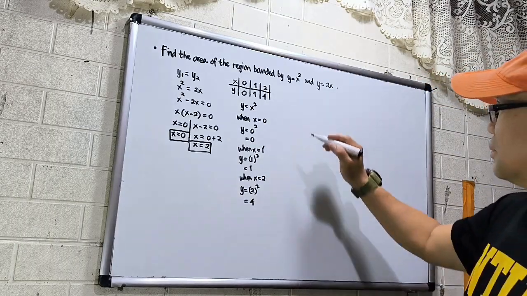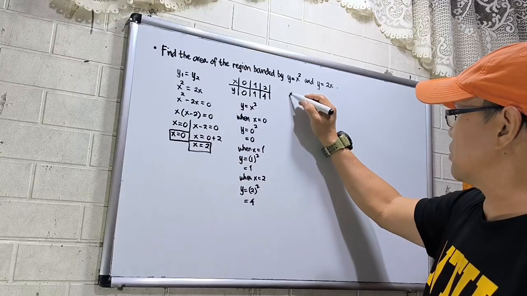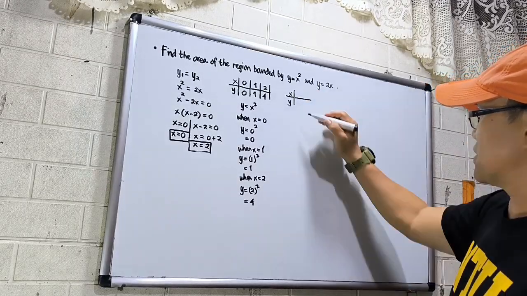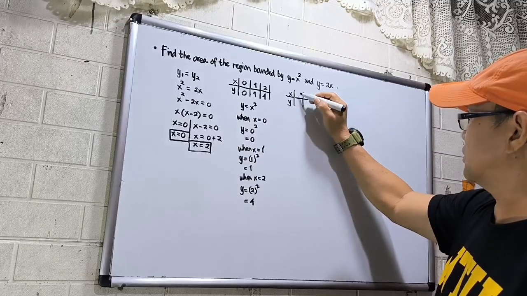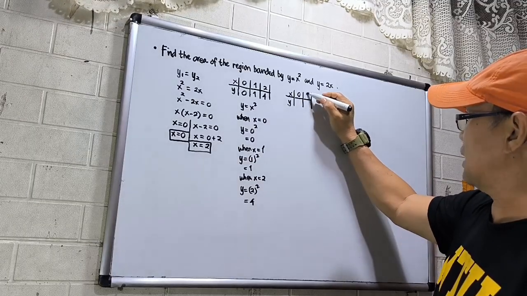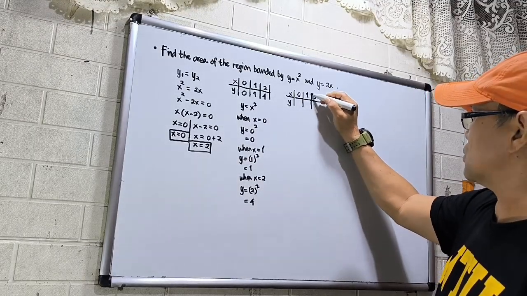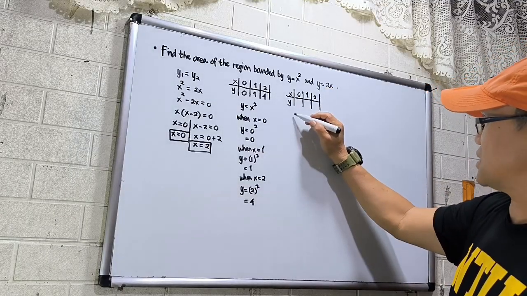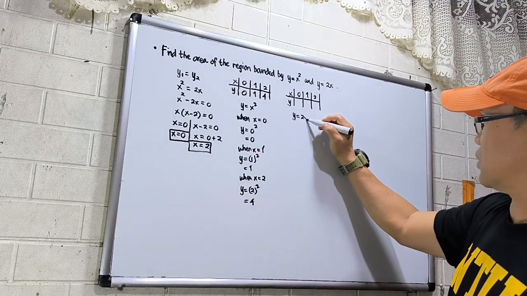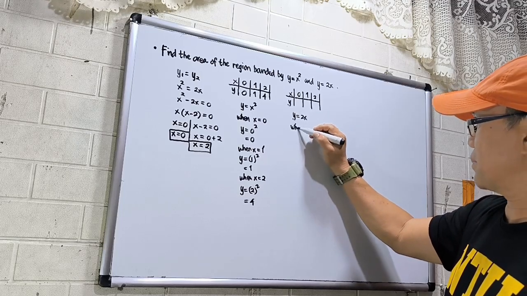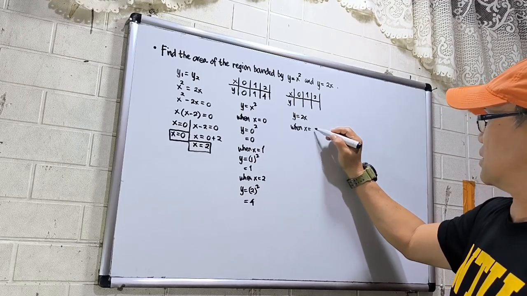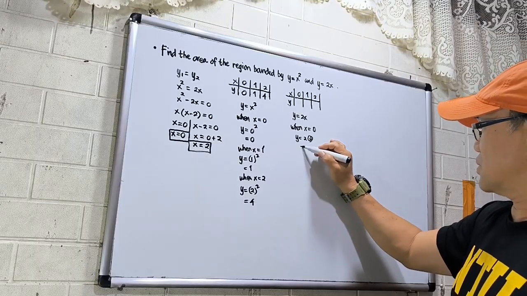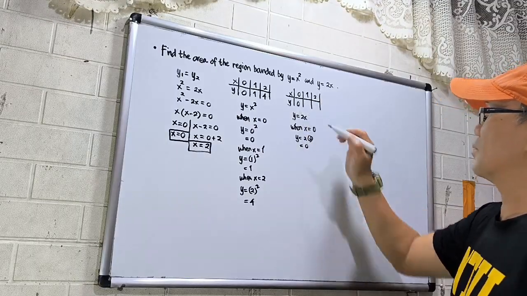Then how about the line? So this will be x and y. The same, I will start with 0, then 1, then 2. This equation is y equals 2x. When x equals 0, y equals 2 times 0, so y equals 0.